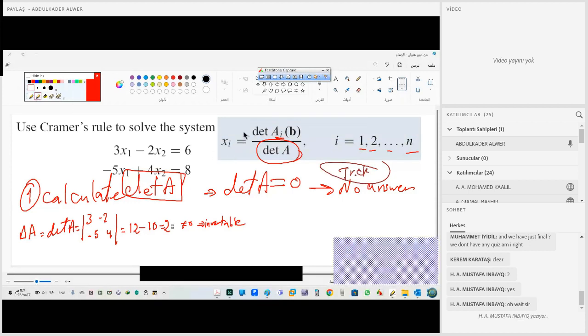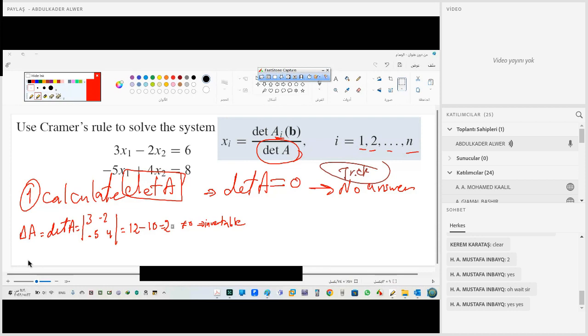Now 3 times 4 is 12, minus with minus is positive, 2 times 5 is 10, so it is 2. Now let's calculate another part.